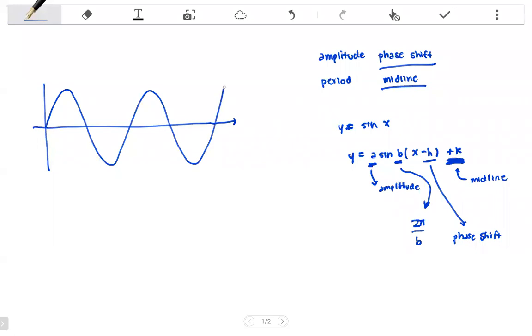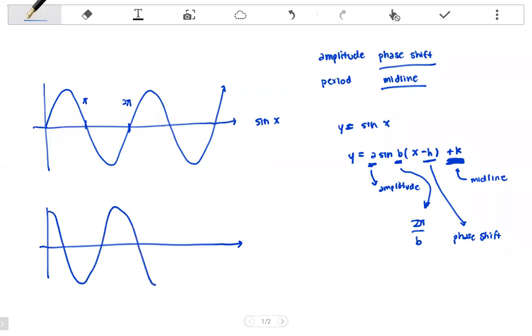So we said that in a normal sine graph, sine of x, the period is 2 pi, which means that half is pi, right? This is pi right here. This is pi, which means that if we look at a cos graph, it starts like that. And phase shift is basically horizontal translation.